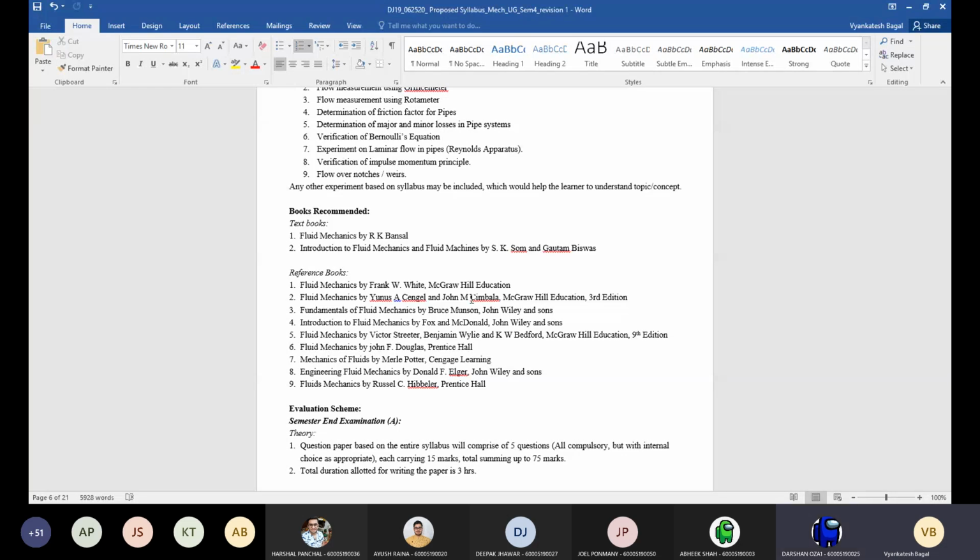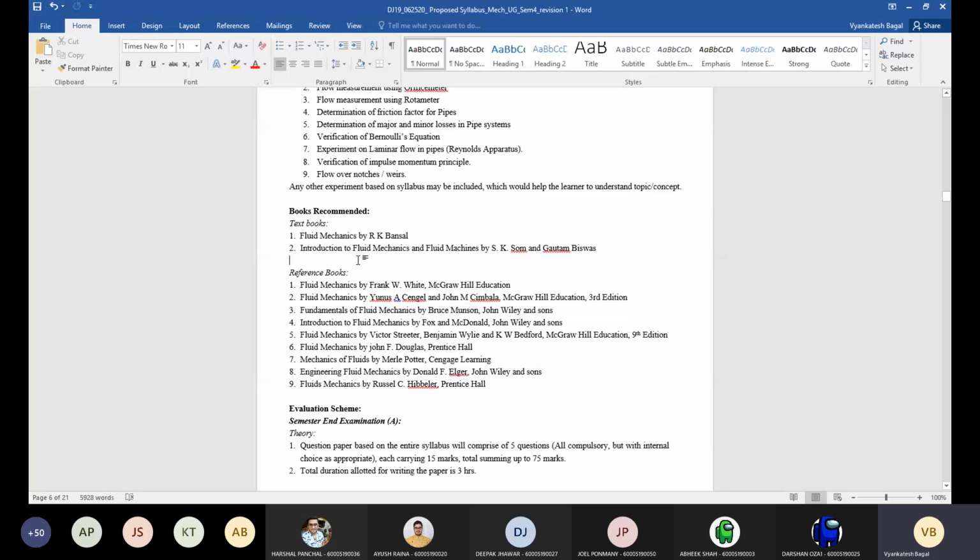Yes, sir. So the first textbook is written by Dr. R.K. Bansal. This is an Indian author's book, and the second is also by Indian authors, Dr. S.K. Som and Dr. Gautam Biswas. These professors are from IIT Kharagpur, these two, and Dr. R.K. Bansal, people may know. Okay. So these two are textbooks.